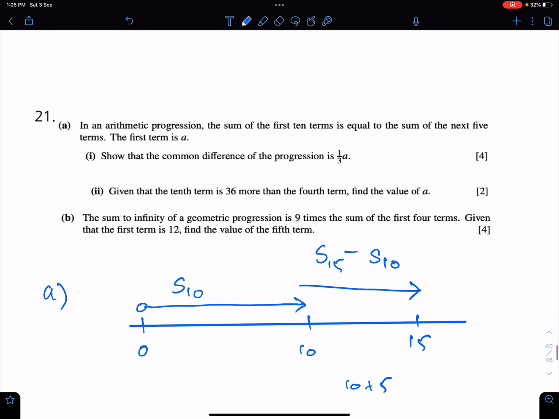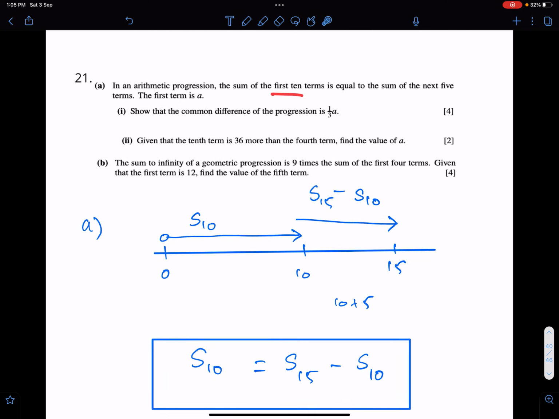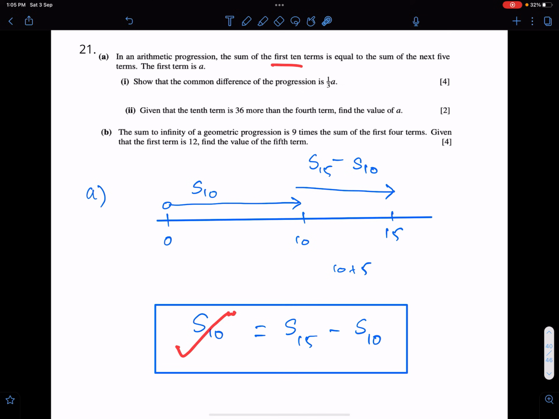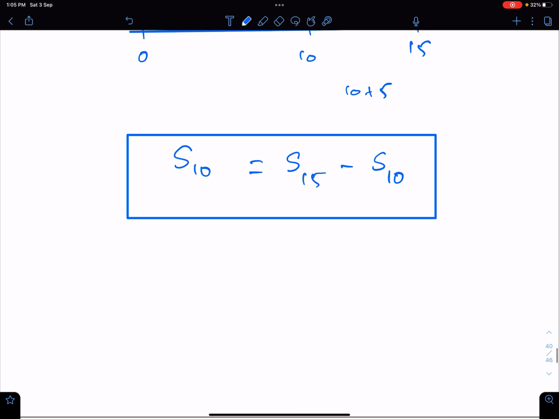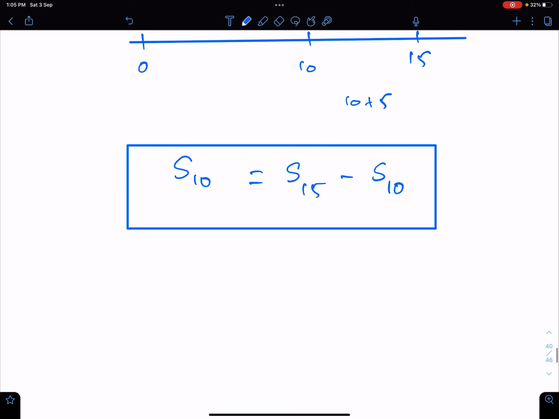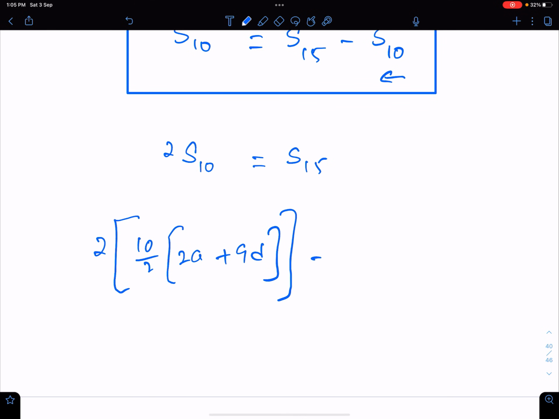Check this here. Sum of the first 10 is equal to sum of the next 5. Find the first term. So this is very simple. First, we need to bring this on the left hand side. So 2S10 is equal to S15. S10 is 10 upon 2 times (2A plus 9D). S15 is 15 upon 2 times (2A plus 14D).